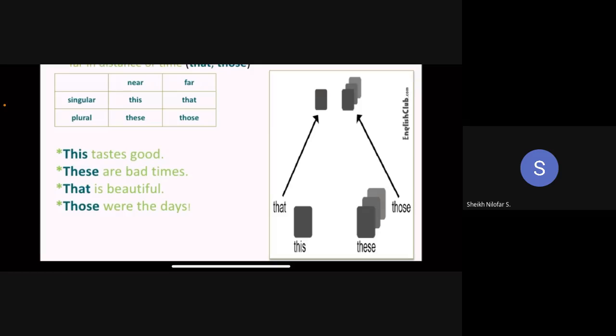These भी singular है और ज्यादा है. Singular है? नहीं. पास में ज्यादा है. Yes, Sanraj. Sanraj, you understood? Yes.